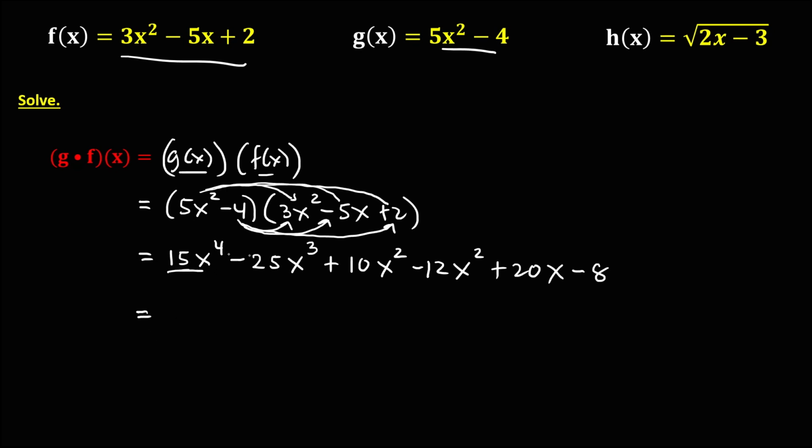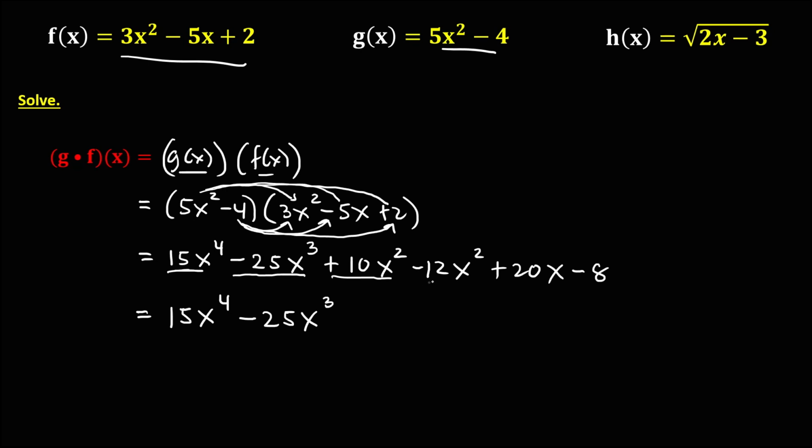So for this 15, x to the power 4, bring down. So 15, x to the power 4. Then for this negative 25, x to the power 3, also bring down.